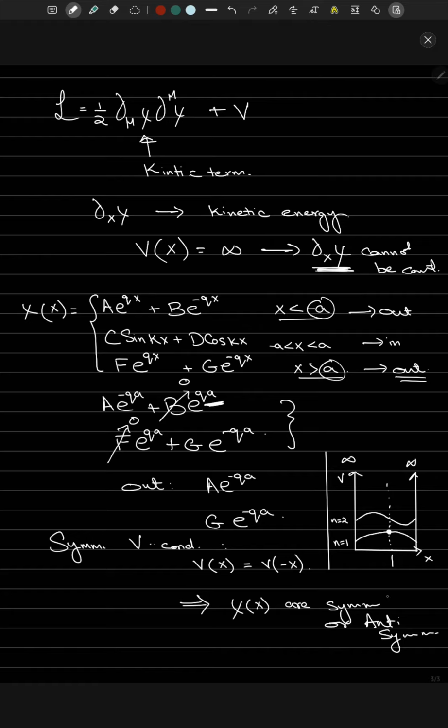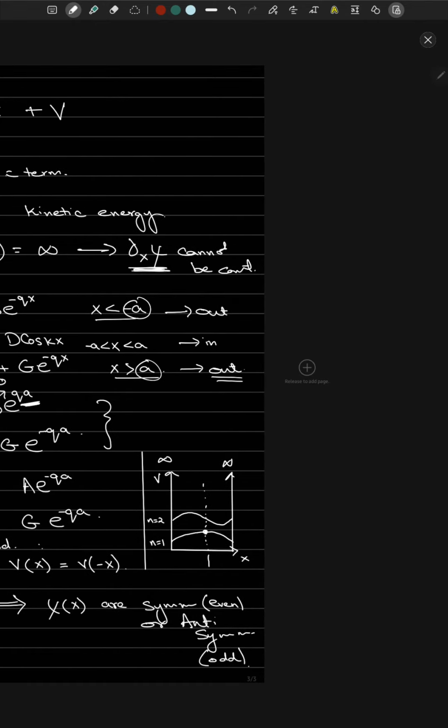In other words, symmetric implies that it should be an even function, while antisymmetric implies that it should be an odd wave function. So with this in mind, let's move on to solve the two sets of these solutions by imposing the symmetry conditions, right?